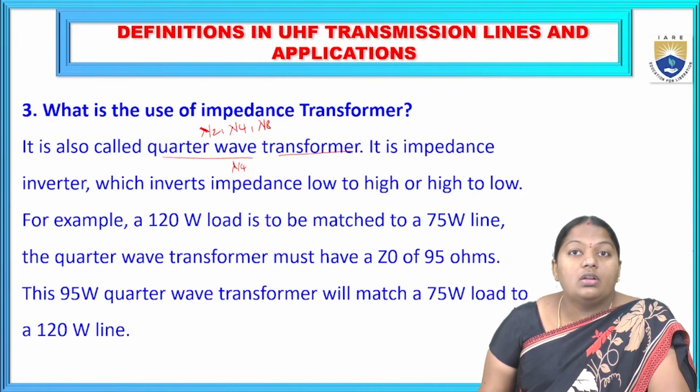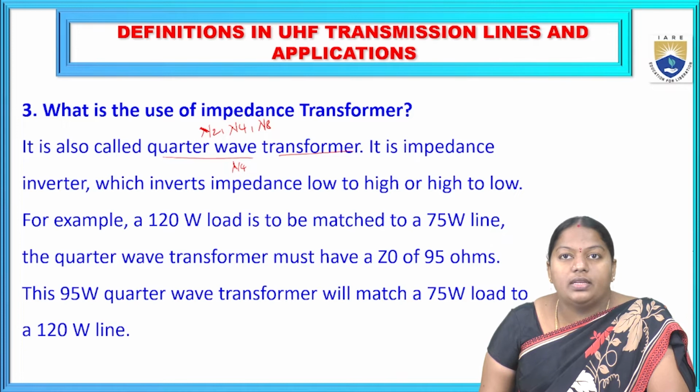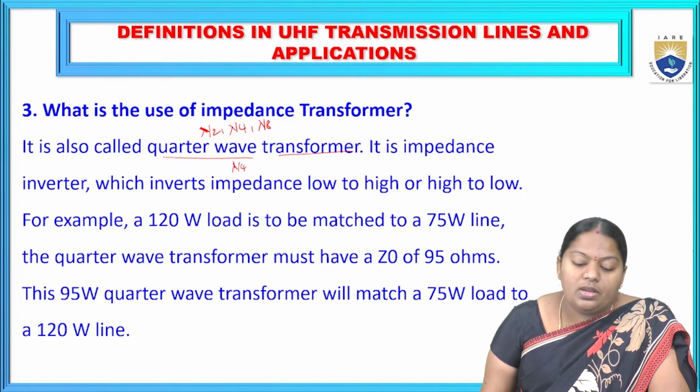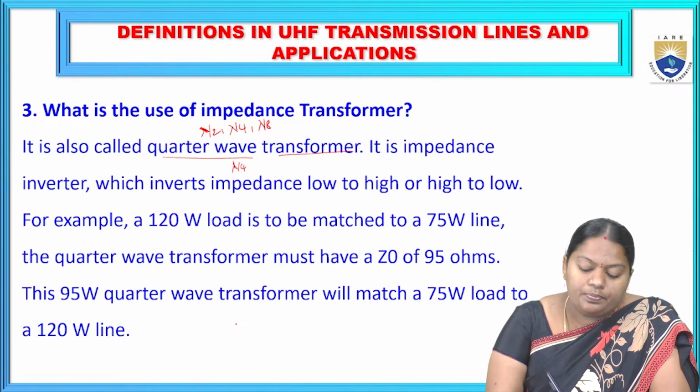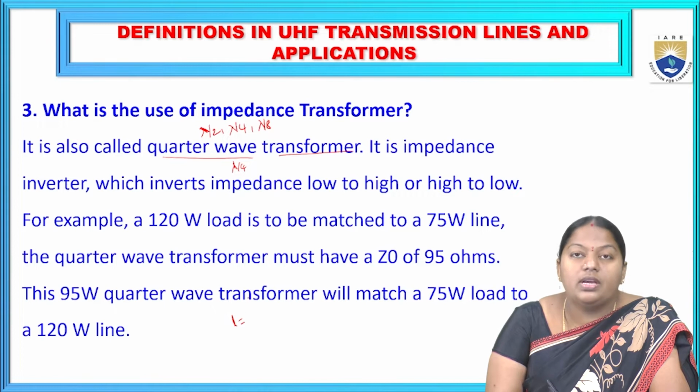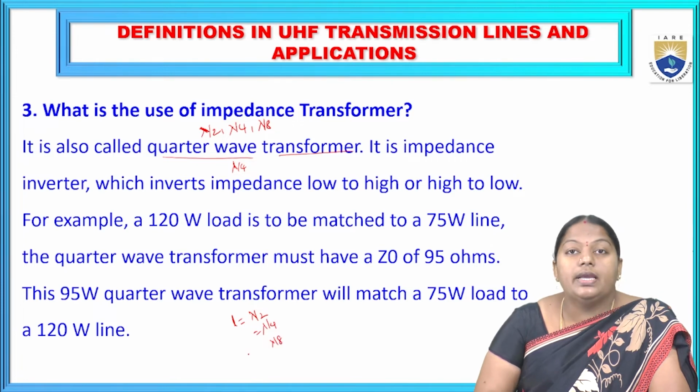Those are the quarter wavelength line, half wavelength line, and lambda by 8, the eighth wavelength line. So depending upon the beta length, the transmission line length, we consider the L value as sometimes lambda by 2, sometimes lambda by 4, or sometimes lambda by 8.